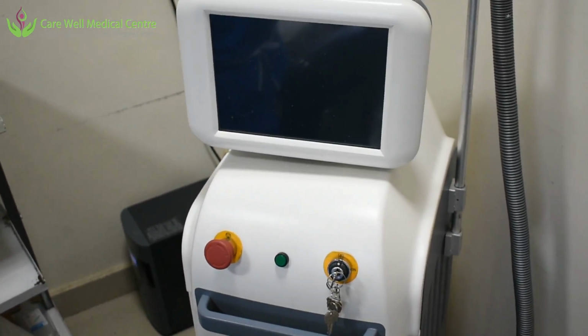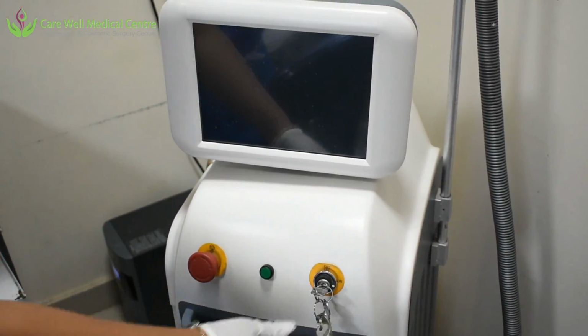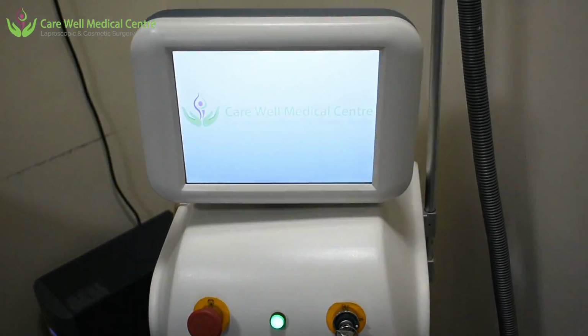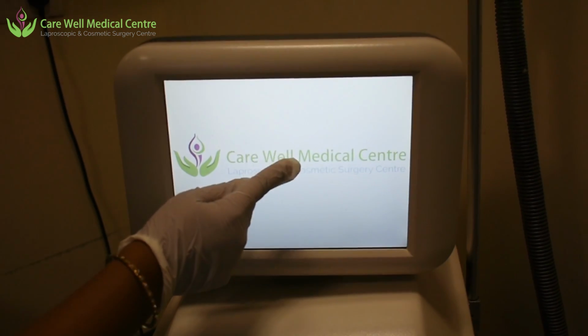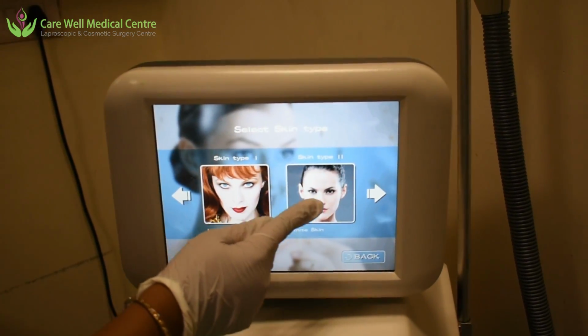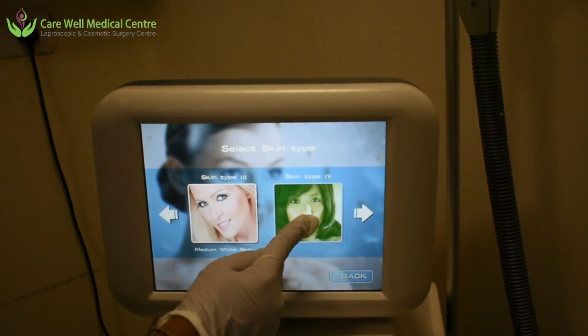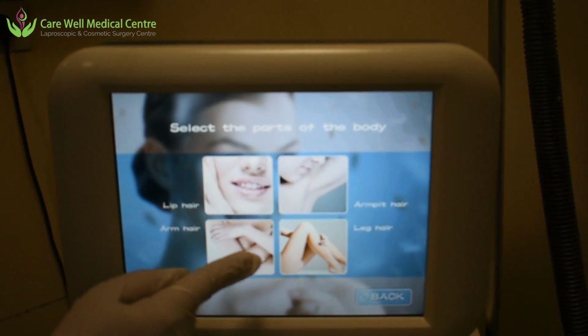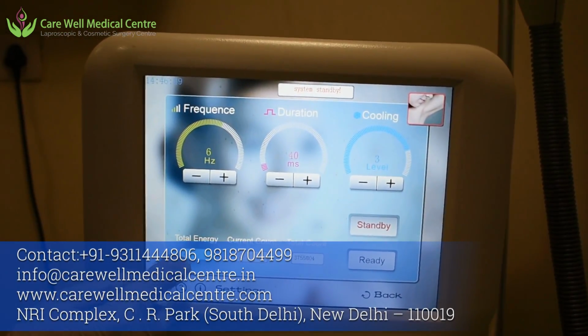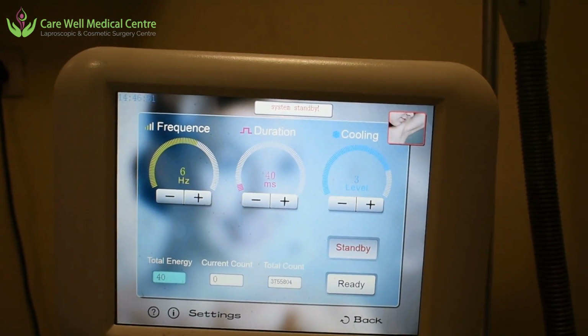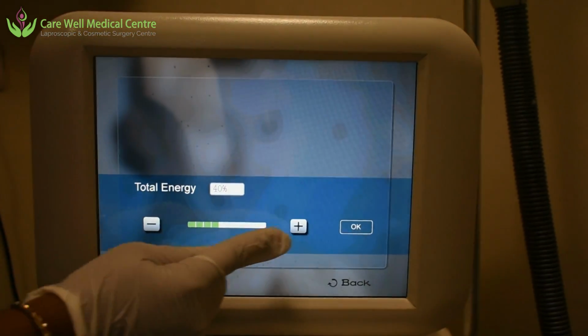So now this is a diode laser hair removal machine, 810 nanometer wavelength. These are the settings of the machine. We are selecting the skin type, we are selecting the area, we are choosing the energy, the joules that we have to give.